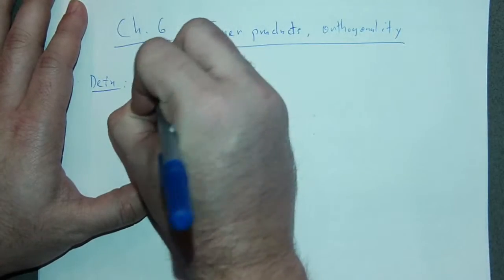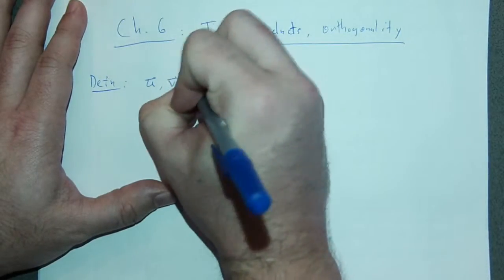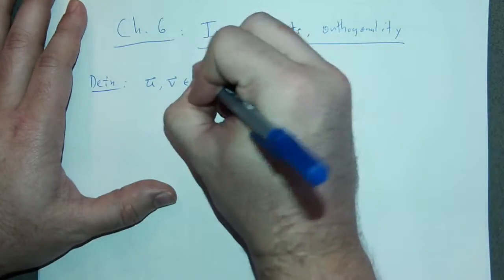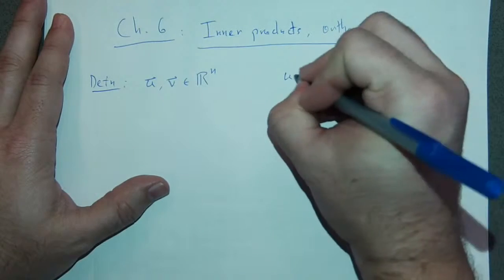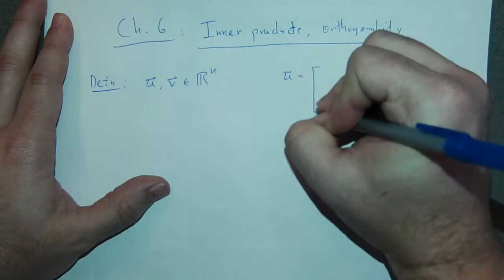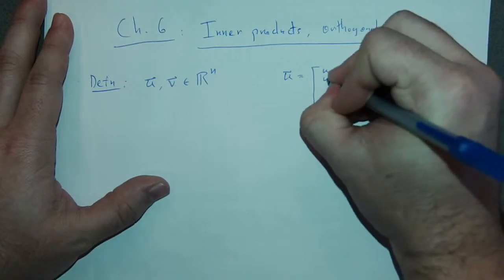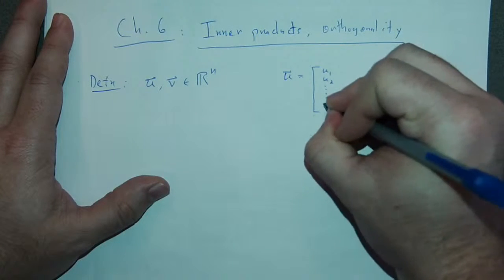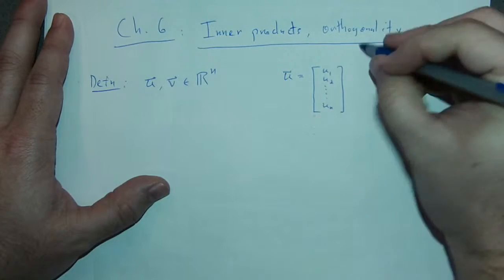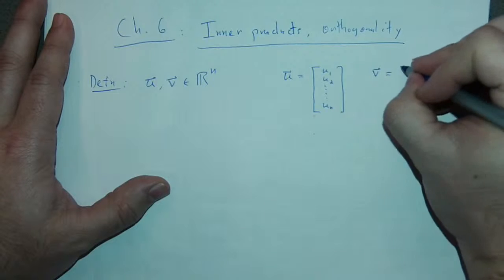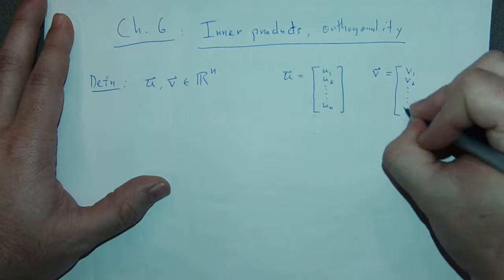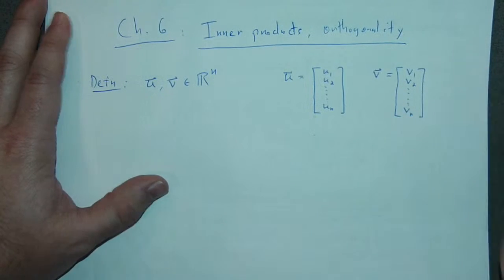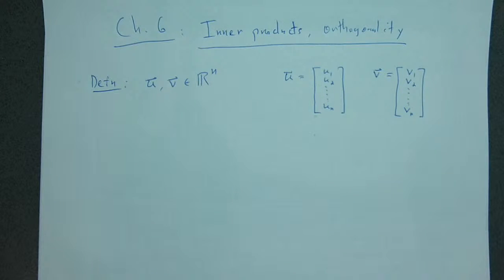So my definition, let's say that I have two vectors u and v in Rn. The notation I'm always going to use when I write these is I have a vector u that has entries u1, u2, and so on all the way to un. Similarly, a vector v has entries v1, v2, all the way to vn. Okay.